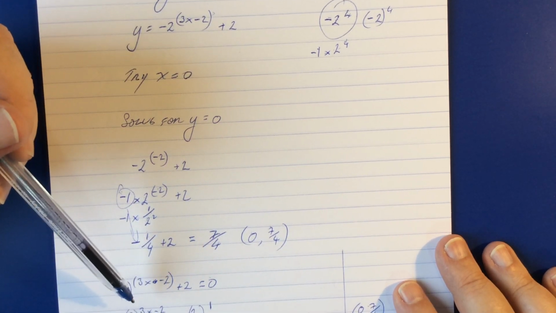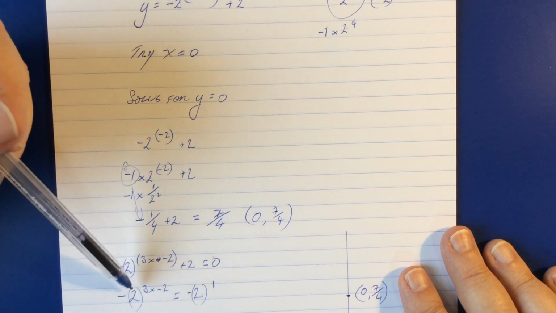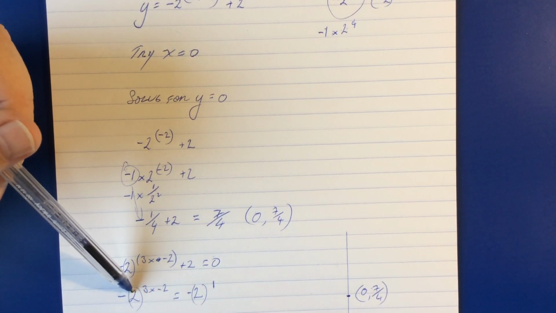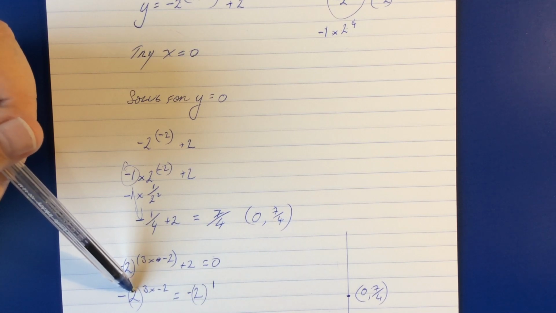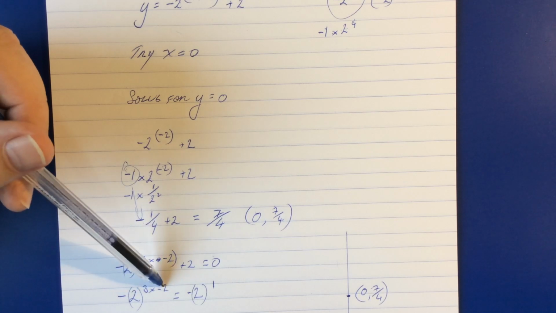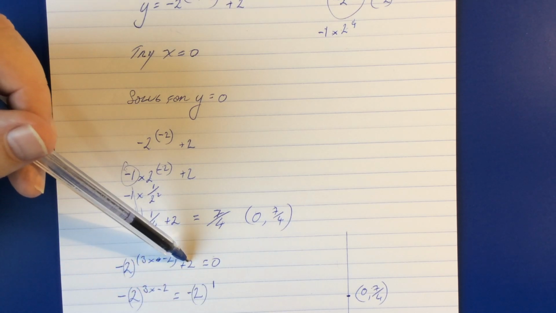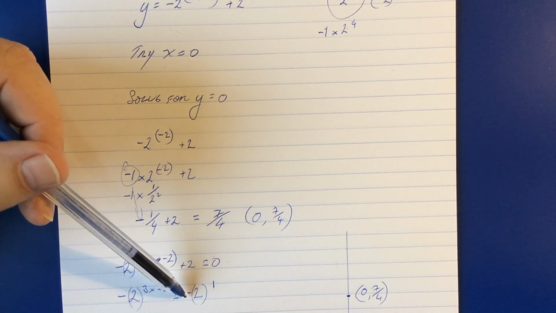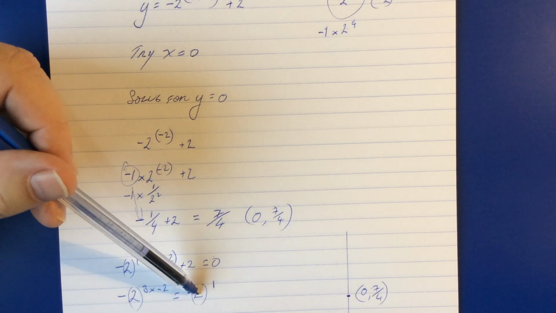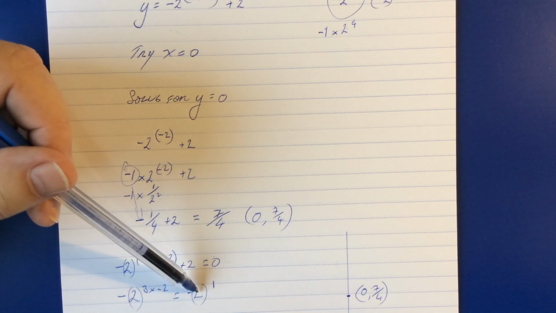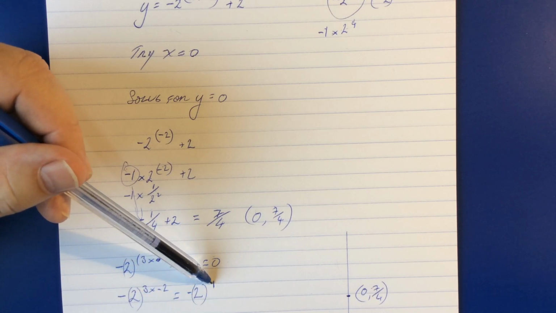And what I've done here is I've sectioned off the 2, so it's really clear that this is negative 1 times 2 to the power of this. When I move this 2 over here to the other side of the equation, as I've done here, it becomes negative 2. Same story.